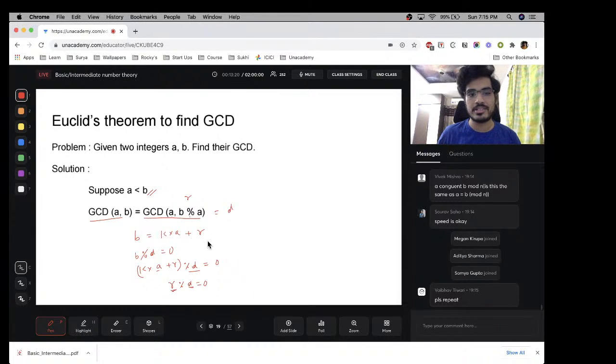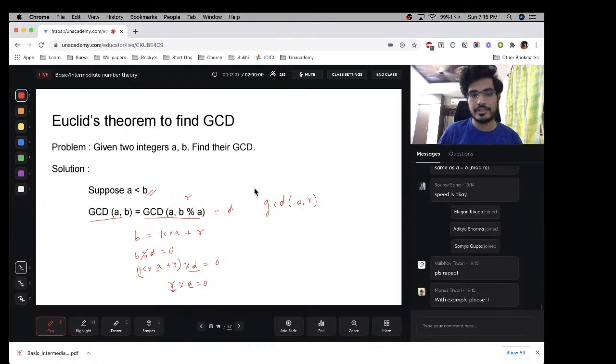If we have such a greater value, let's say GCD of a comma r equals p.